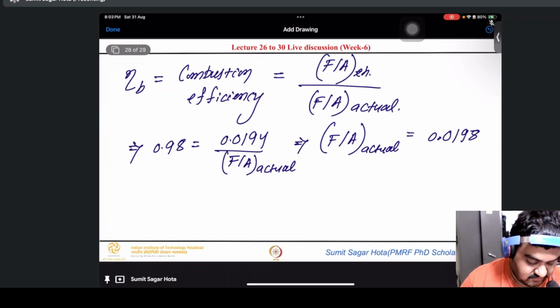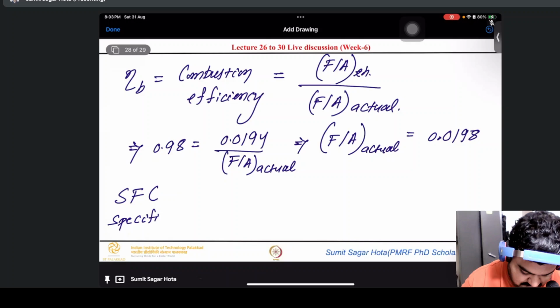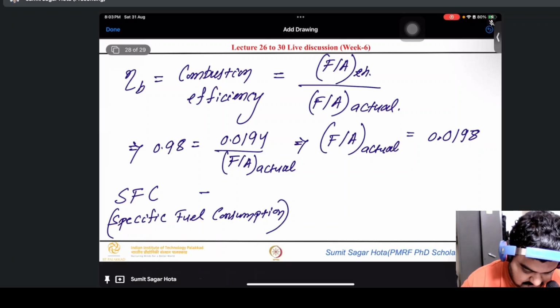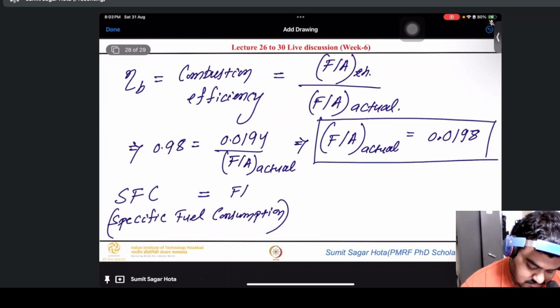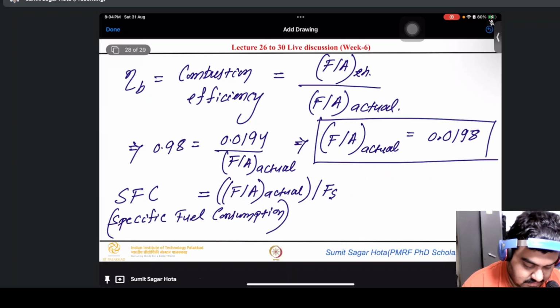Now we have to find the specific fuel consumption, which is equal to F by A actual divided by Fs, multiplied by 3600, so that the unit will be kg per hour into Newton.